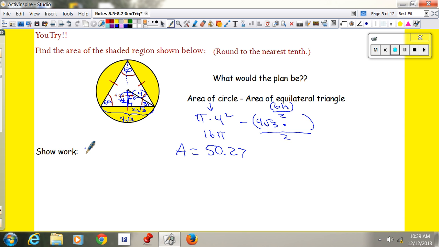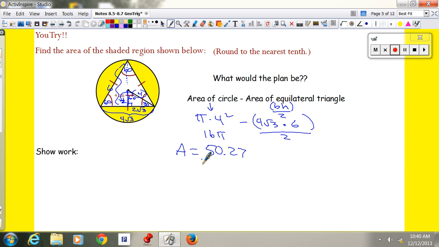This radius was how much? 4. So this was 2, this radius was 4. Is this a radius? Is that a radius from the center to the edge? So how much does that have to be? The radius was how much? 4, so this radius is 4, and this was 2, so 4 plus 2. So this whole thing has to be 6. So your height is 6.